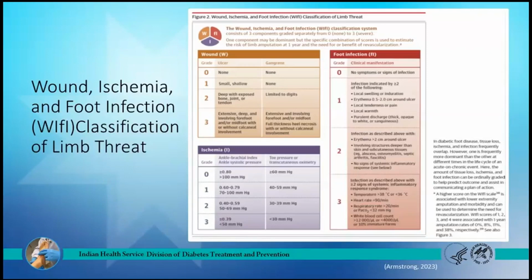If you get a score total at the end of 1, 2, 3, or 4, it's usually associated with, as you can see on the right, higher levels of amputation rates. So again, the more severe in one of these, and if we cannot correct them, there's more likelihood of amputation for the patient at the end.